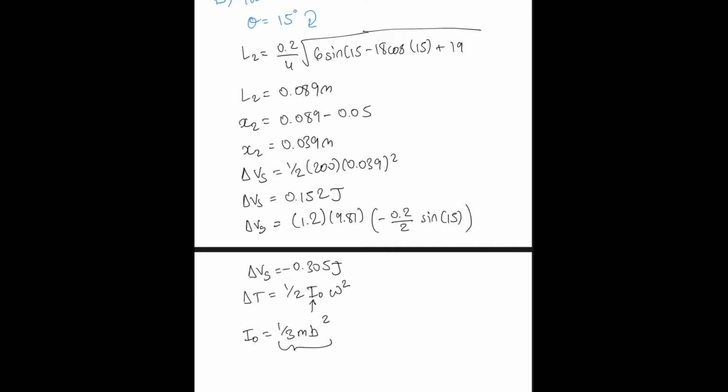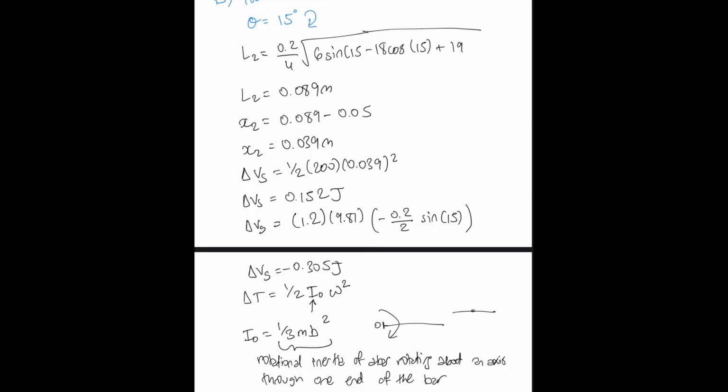This is because this is the rotational inertia of a bar rotating about an axis through one end of the bar. So the bar is rotating at O, not around its center.